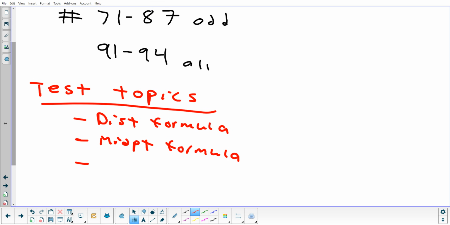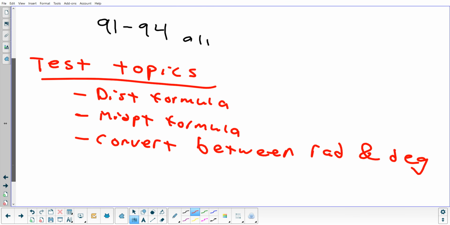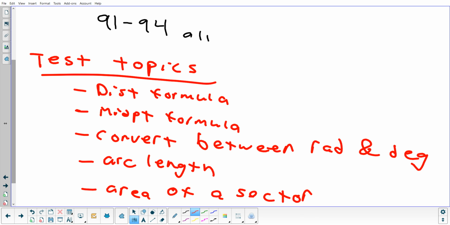Converting between radians and degrees. Both ways, radians to degrees, degrees to radians. And the two things we did today. Arc length and area of a sector. Not a ton of formulas, but maybe a couple formulas you'd want to write down.